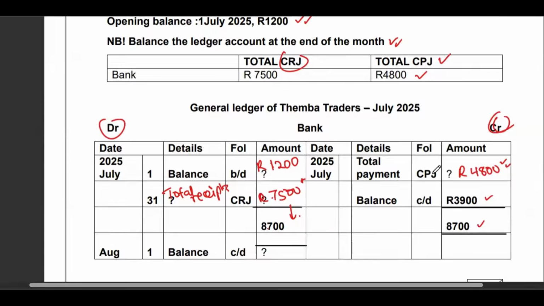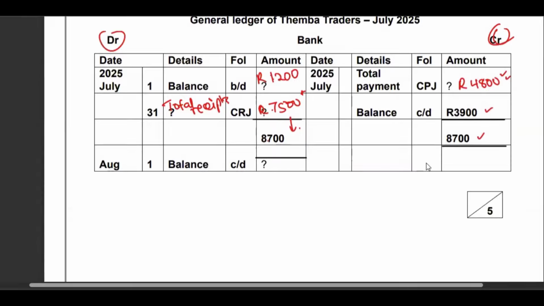So if that is the case, we know that after having this much of receipts and this much of payments, we're going to be left with a balance of 3.9. Okay, so we've balanced up and we have a 3.9.